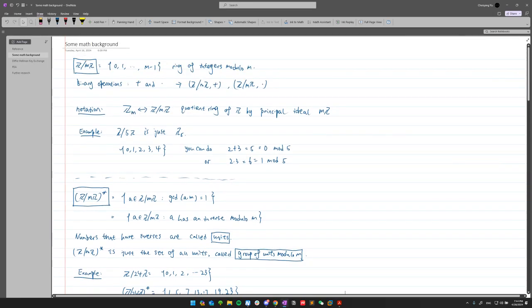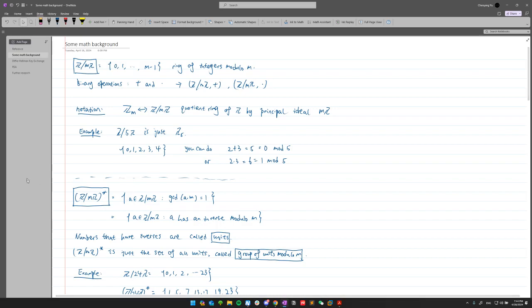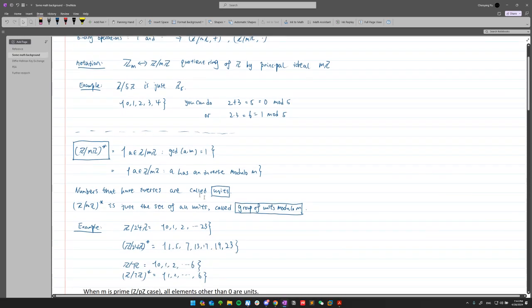A corresponding concept is the unit group, which is just adding a star. Z mod mZ star means you pick all the elements coprime with the modulus, so gcd(a, m) equals 1. These are the elements that have a modular inverse in Z mod mZ.